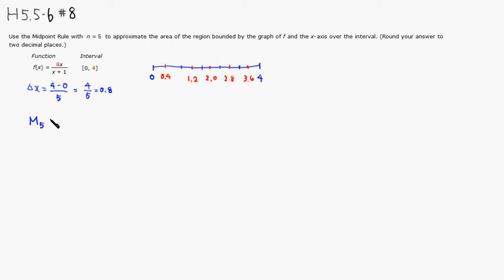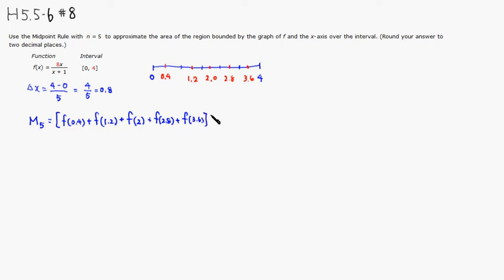So M5 is equal to f of 0.4 plus f of 1.2 plus f of 2.0, I'll just say 2, and f of 2.8 plus f of 3.6.